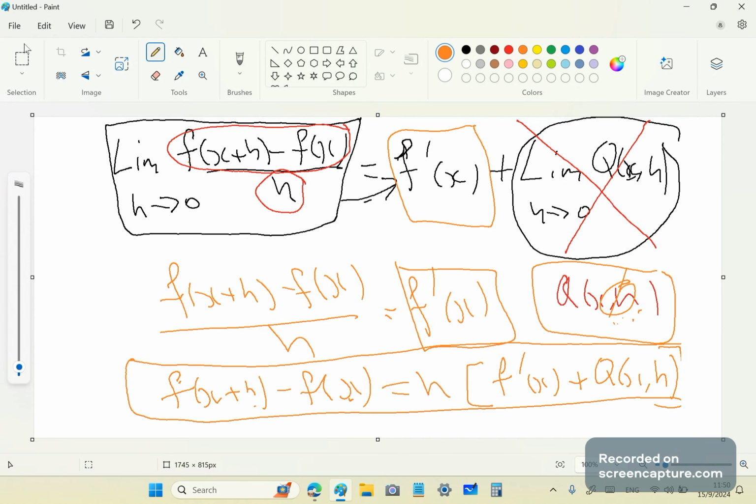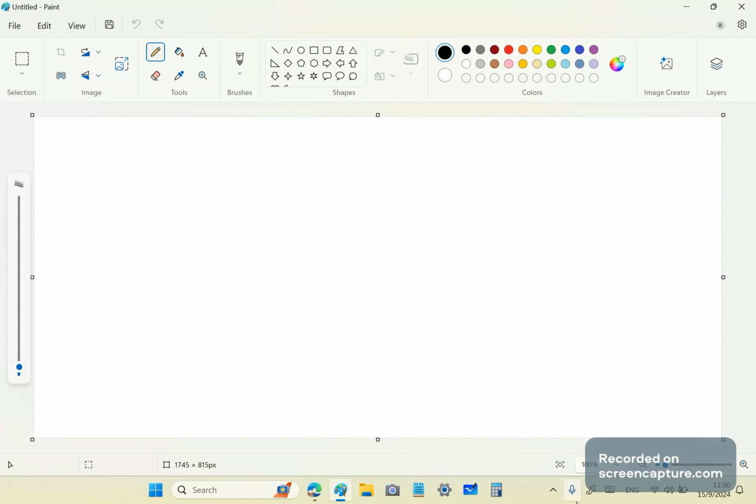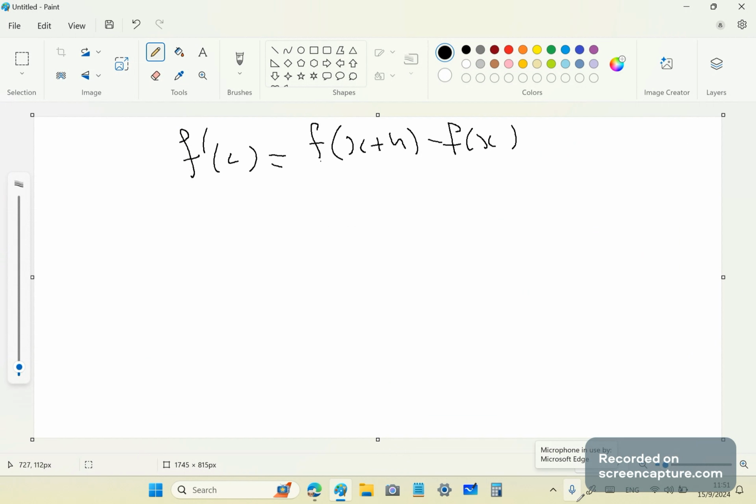And here's another thing I want to talk about just one more time. Okay, let's talk about this. The mean value theorem. Now this is the mean value theorem, which says f prime of c is equal to f of x plus h minus f of x over h. Okay, that's what the mean value theorem says.